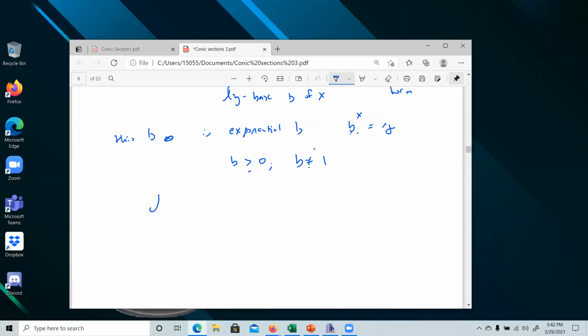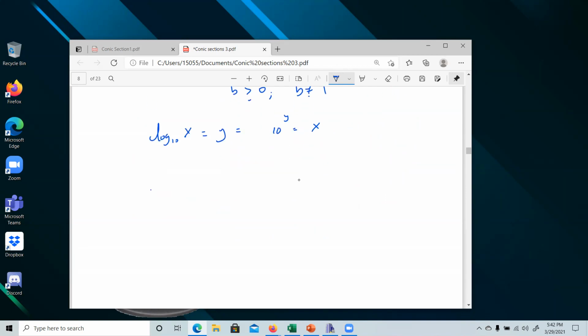So with log base 10, right, the exponential form is 10 to the y is equal to x, right? So if I ask you, like, what's the log base 10 of 100?